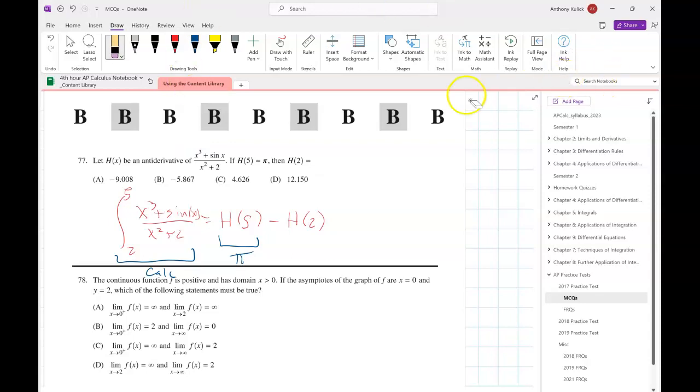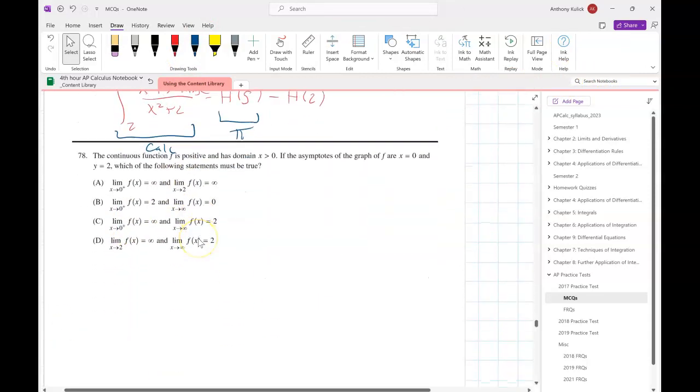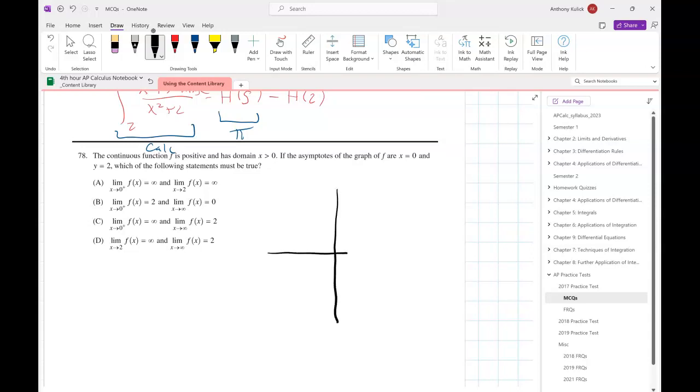All right. Let's do 78 next. So it says the continuous function f is positive and has domain x greater than 0. If the asymptotes of the graph of f are x equals 0 and y equals 2, which of the statements are true? So I'm going to try to sketch a picture here.